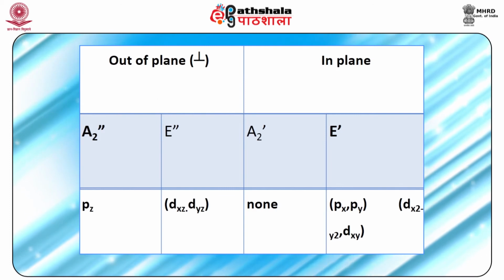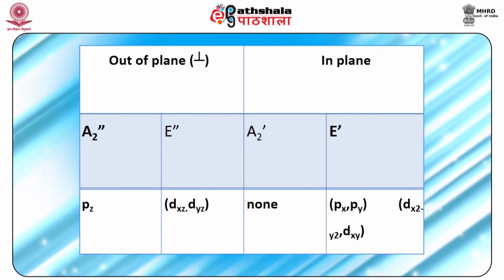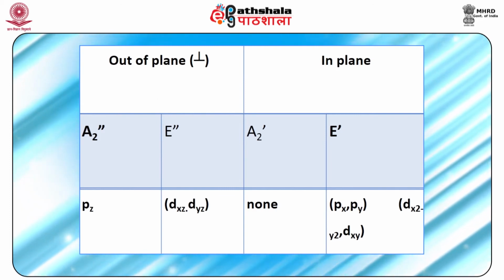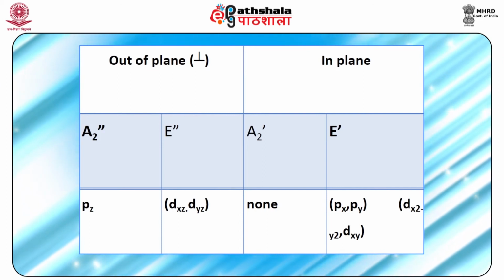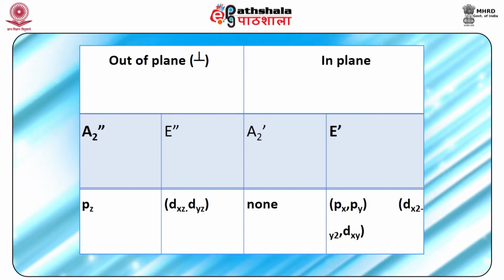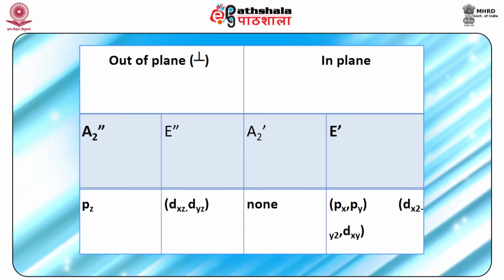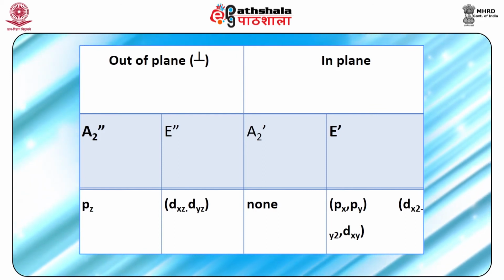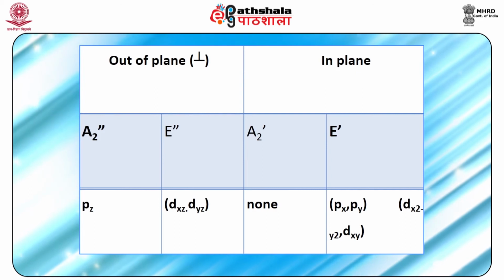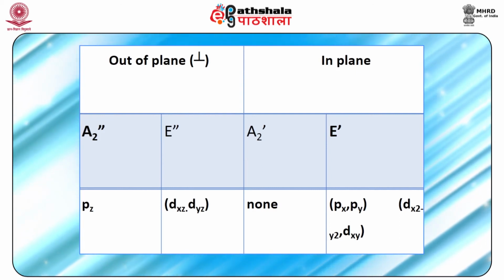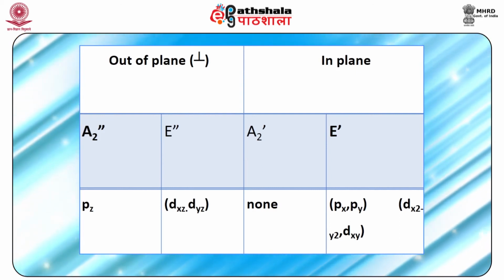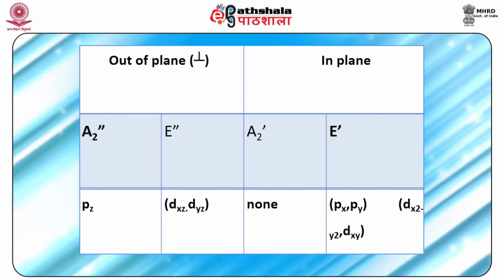For formation of three perpendicular pi bonds between atomic orbitals on boron and atomic orbitals on each chlorine, the orbitals on boron must be of A2 double dash and E double dash symmetry. The pz orbital has A2 double dash symmetry and the pair of dxz and dyz orbitals have E double dash symmetry.